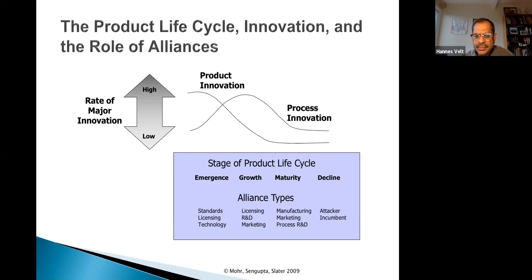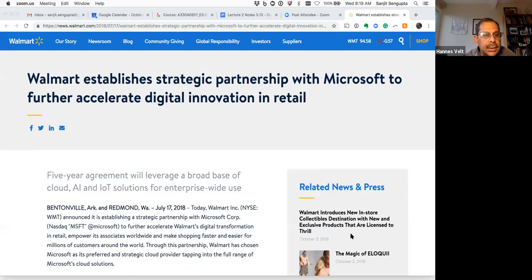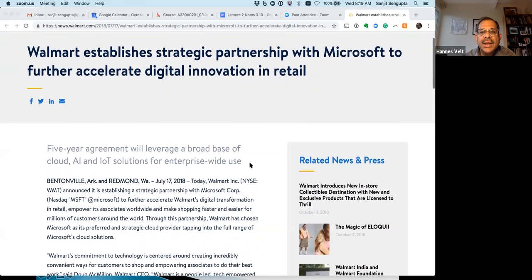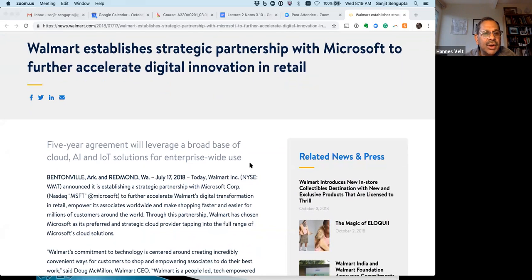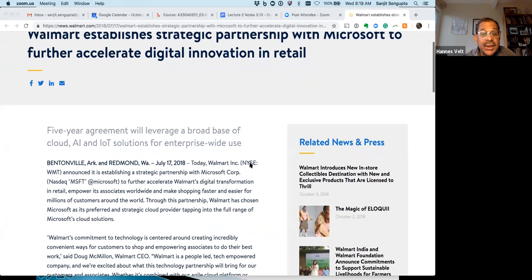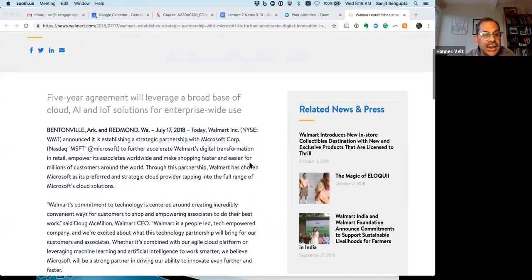So I'm going to share this screen with you if I can. Walmart establishes strategic partnership with Microsoft to further accelerate digital innovation in retail.